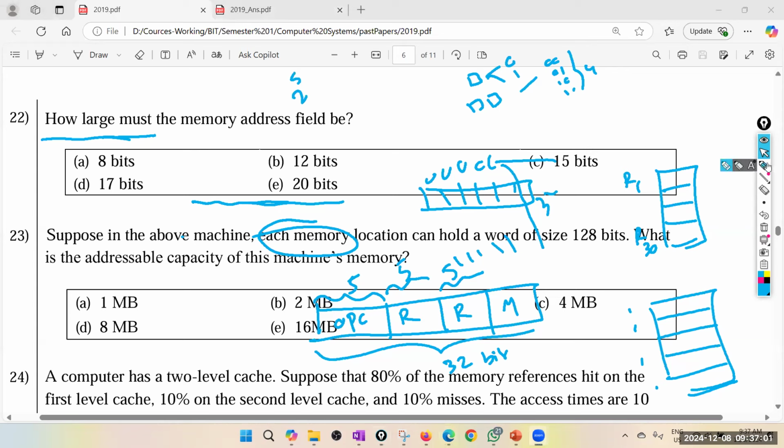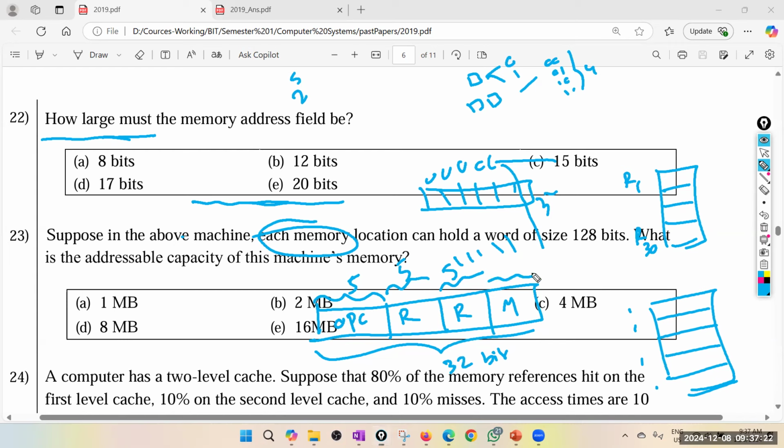So already the question has mentioned that the operation code is 5 bit. We have already calculated that for a registry you need 5 bits. So this is also a registry. That means again you need 5 bits. So therefore so far we need 5, 5, 5, 15. And we know that the full width is 32, again given. If the full width is 32, already we have used 15.